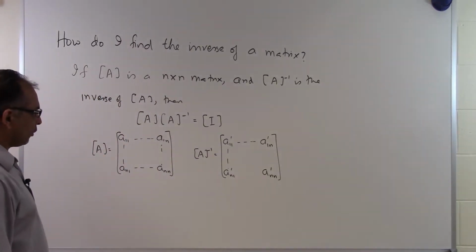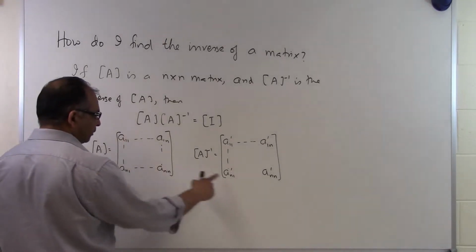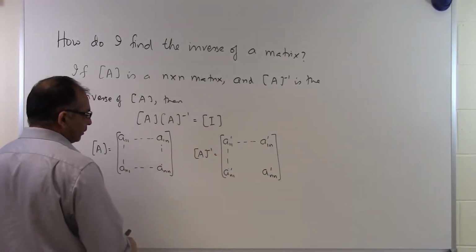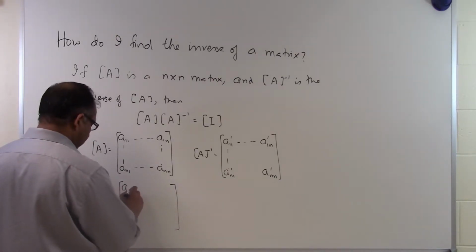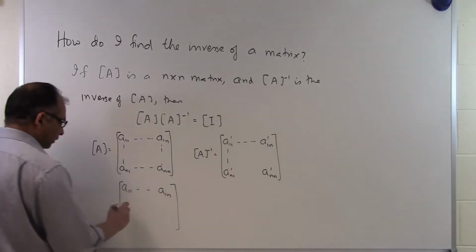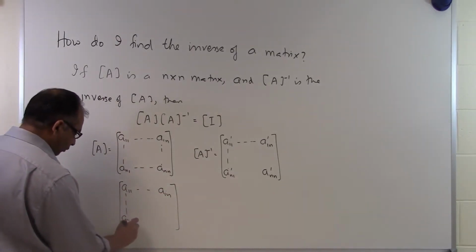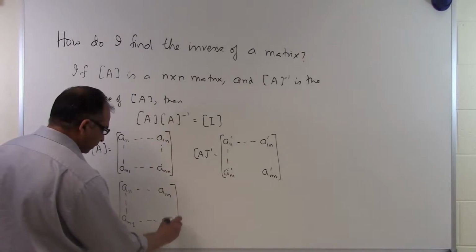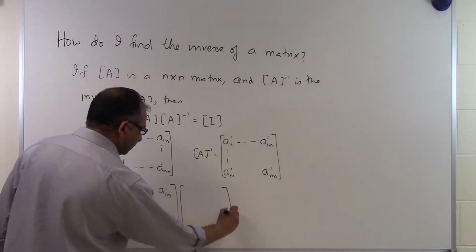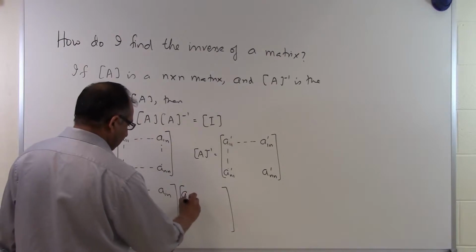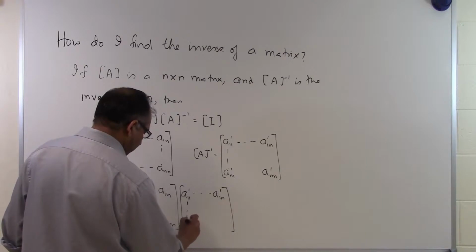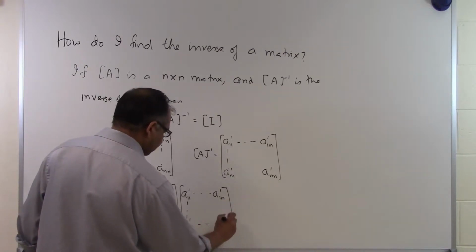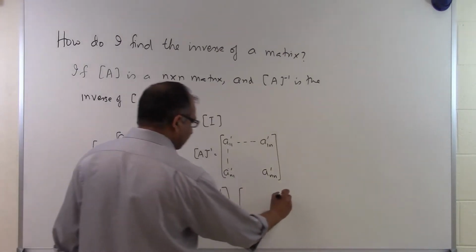Then how are we able to find out what the inverse of the matrix is? All we have to do is to multiply this matrix by this matrix and put it equal to the identity matrix. So if we have this matrix here, A11 all the way up to A1n, then an1 all the way up to ann, I'm going to multiply it by the inverse of the matrix, which will be A11 prime, A1n prime, an1 prime all the way up to ann prime, and I'm going to put that equal to the identity matrix.